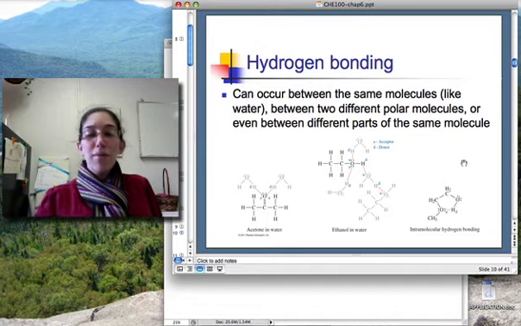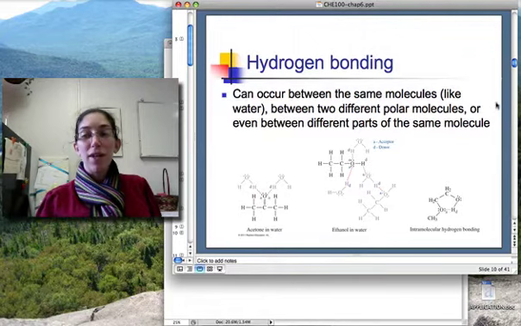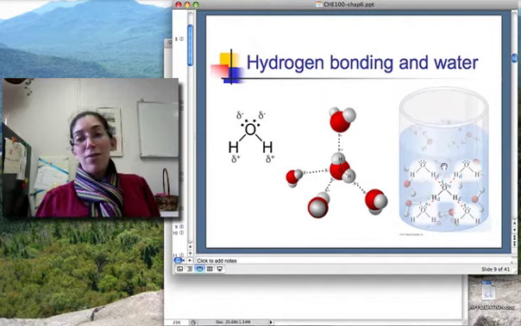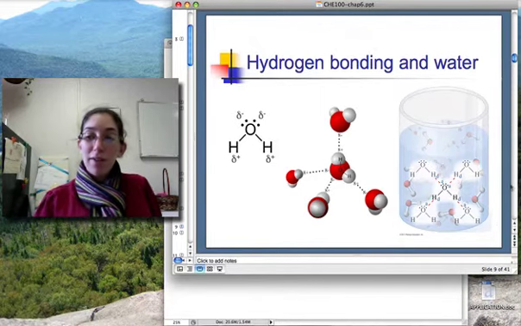So hydrogen bonds can exist between two of the same molecule. Like if you have a whole bunch of water, the water molecules can all hydrogen bond with each other.